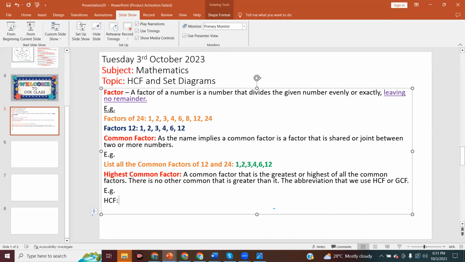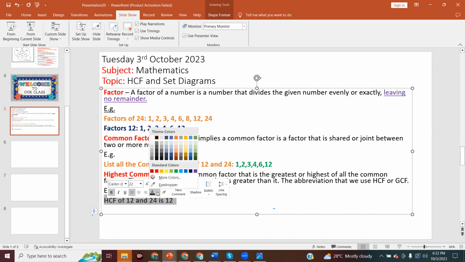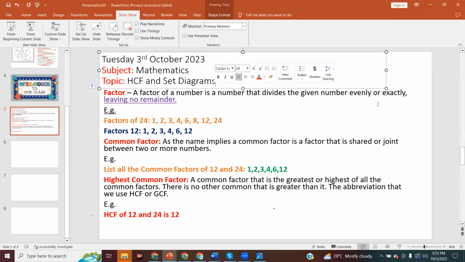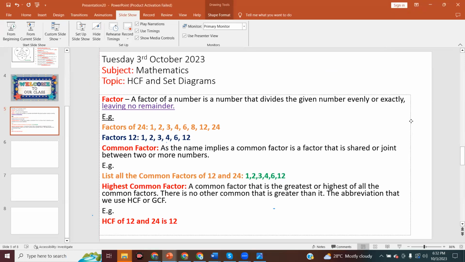So the HCF of 12 and 24 is what? Is 12. Okay, good. Do we understand that? Yes, sir. If it's crystal clear for you, that's perfect. So that means we're good.